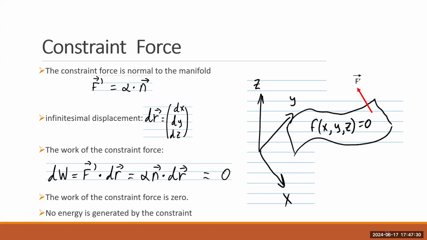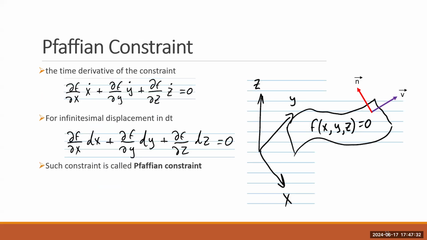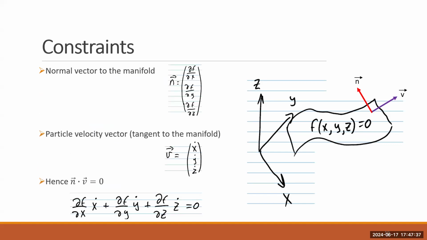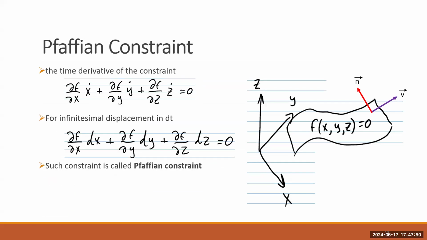But we recall that df dx dx, df dy dy, df dz dz equals 0 because of the constraint.